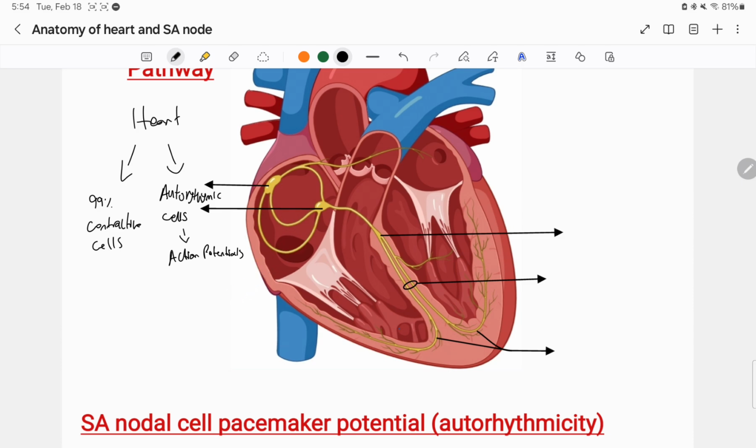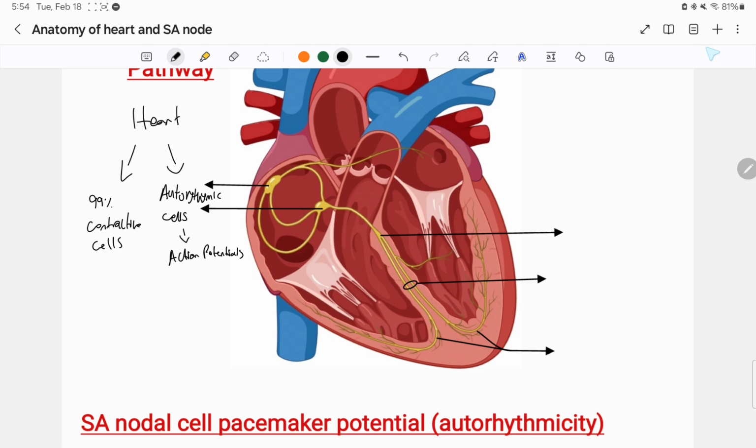But wouldn't that lead to something very uncoordinated? If all parts of the heart just started contracting randomly, we couldn't pump blood out properly.